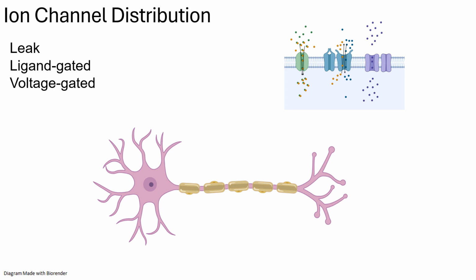Now that you're familiar with the terms that describe the anatomy of a neuron, it's important for us to understand the types of membrane channels and their distribution in the membrane of the neuron. So leak channels, which I'm going to highlight in green, are everywhere throughout the neuron's membrane.